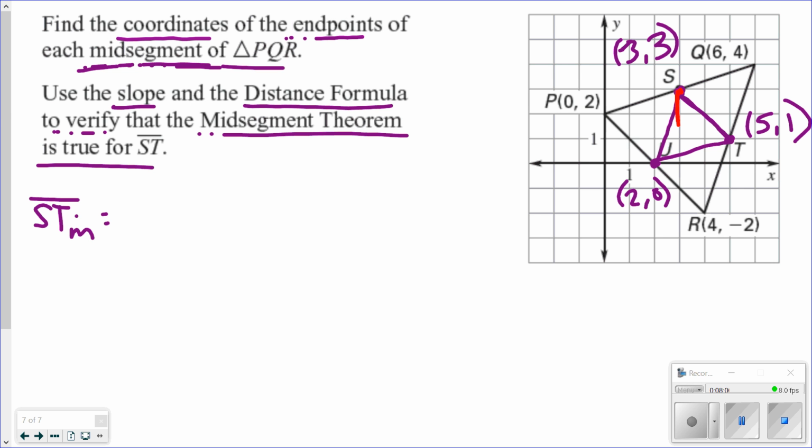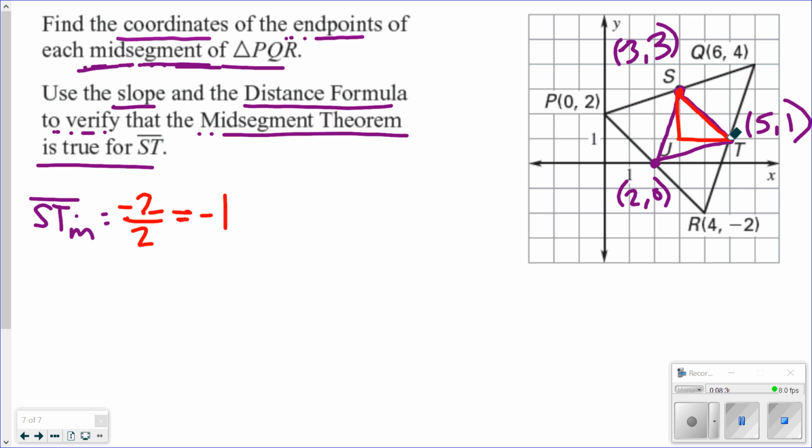Well, I would go down 2 and then over 2. So that is -2 over 2. Well, that simplifies. What is -2 divided by 2? It is -1. So I know that the slope of this segment here is -1.